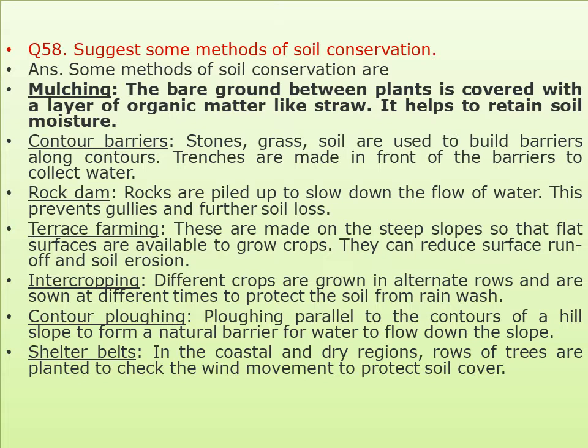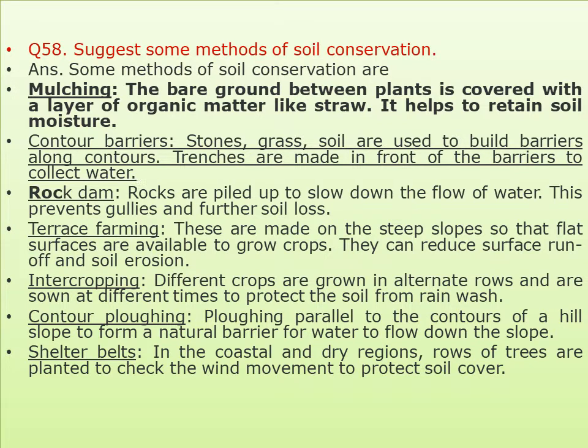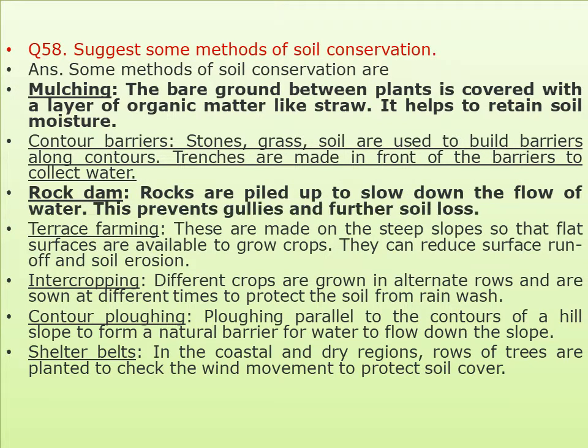Number two, contour barriers. Stones, grasses, and soil are used to build barriers along contours. Trenches are made in front of the barriers to collect water. Number three, rock dam. Rocks are piled up to slow down the flow of water. This prevents gullies and further soil loss.